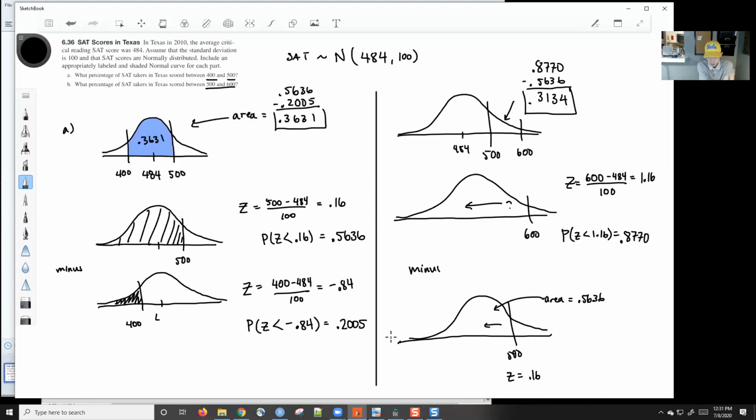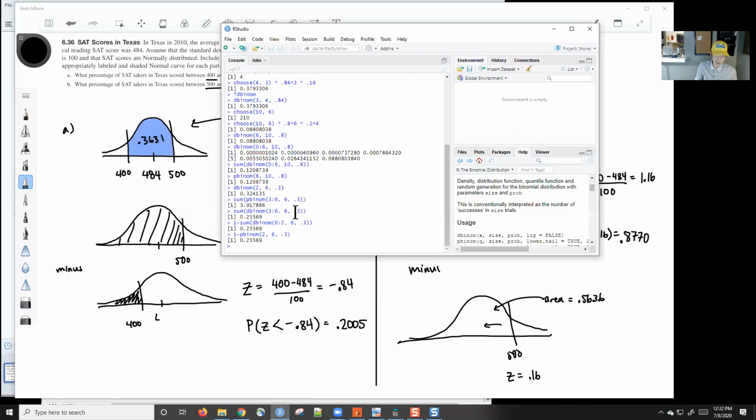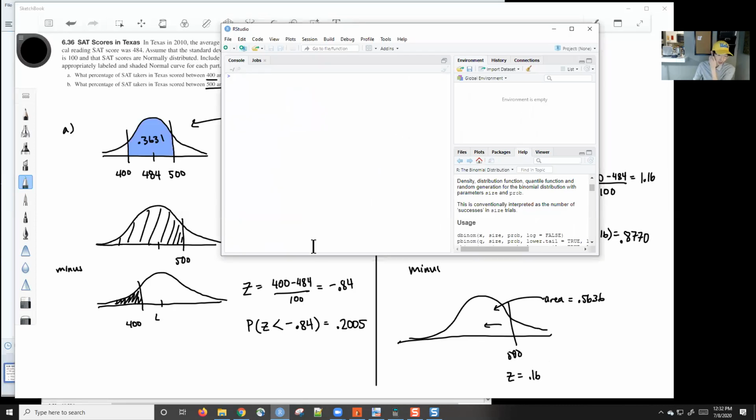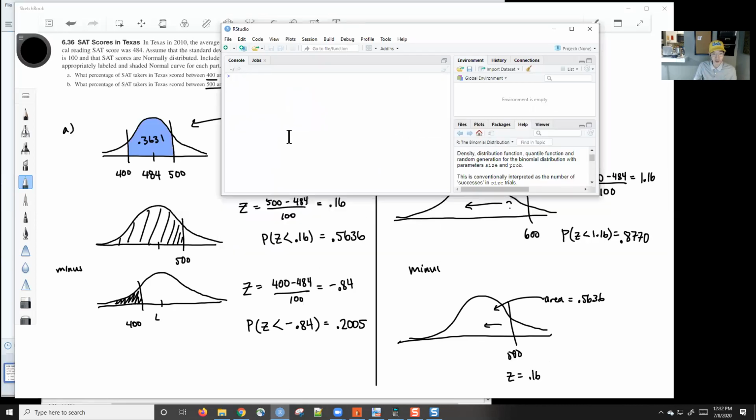Okay, so there's a question, could we try these in R? Yeah, once you find your z-scores, it's real easy. You just type in pnorm. pnorm is basically the equivalent of using the z-table.